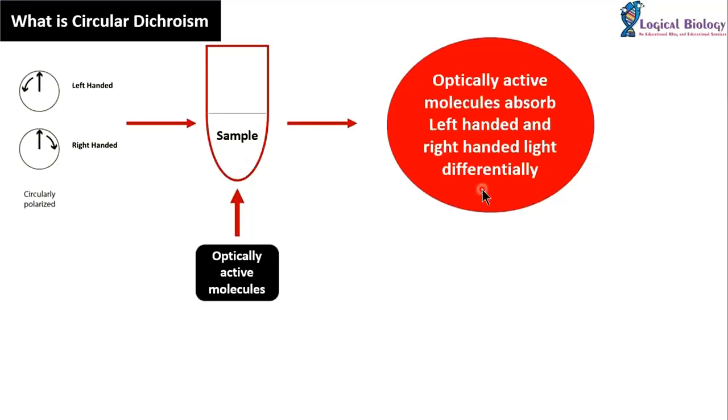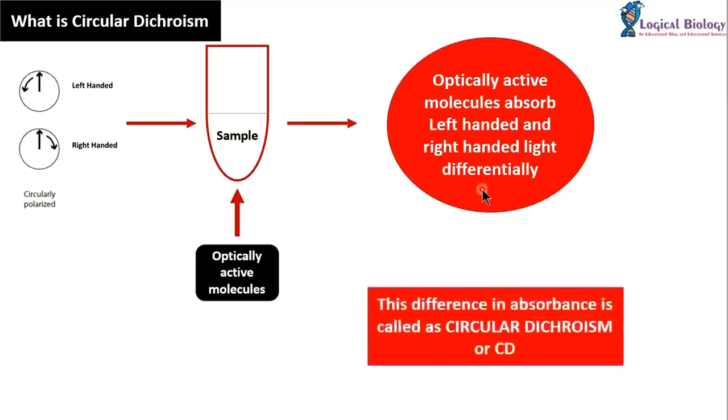So if somebody asks you what circular dichroism is, then in one line we can say that when we put circularly polarized light on an optically active molecule, this molecule absorbs left-handed and right-handed light differentially, and this difference in absorbance is called circular dichroism or CD.